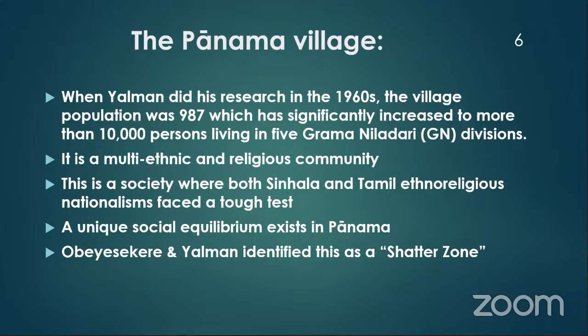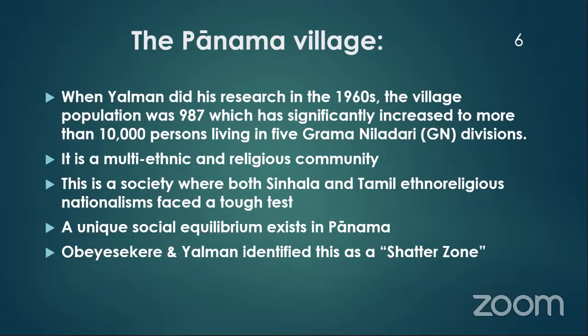Panama is also a good example of a remote village where both Tamil and Sinhala ethno-nationalism were challenged and the social equilibrium of this micro-social space survived. This social equilibrium, whereby Sinhalas and Tamils live as high and low caste groups, appears to be the form of common ground there.